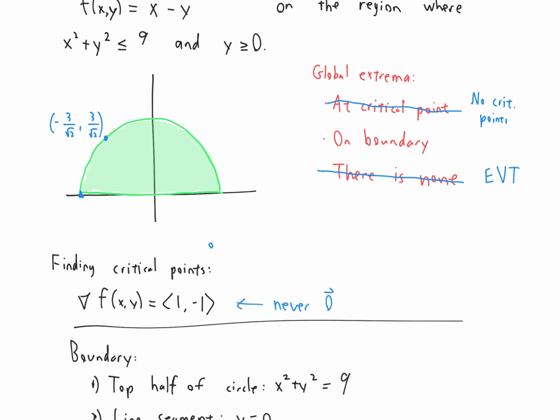I'll mark those points and label them 3, 0 and negative 3, 0. We realize that there are 3 candidate points for the global max and the global min. We know that the global extrema have to be on the boundary because we eliminated the other possibilities. So the global max must be one of these 3 points and the global min must be one of these 3 points.